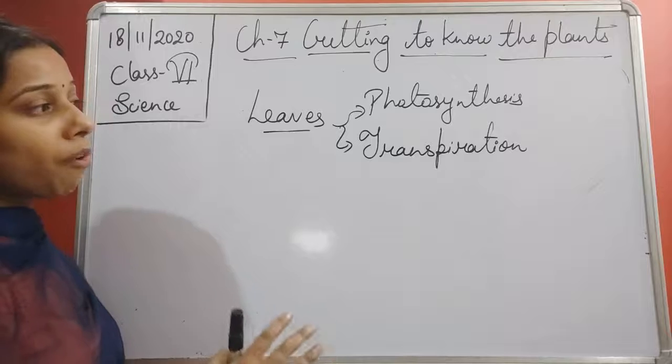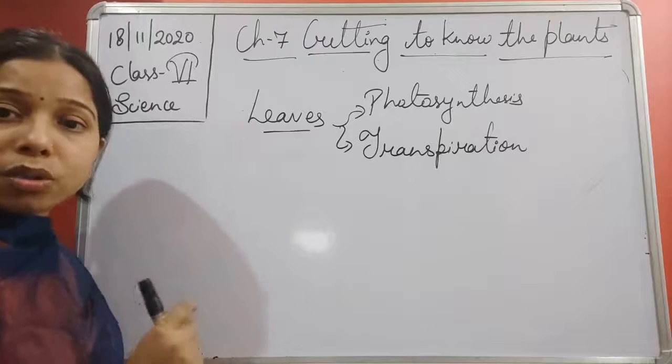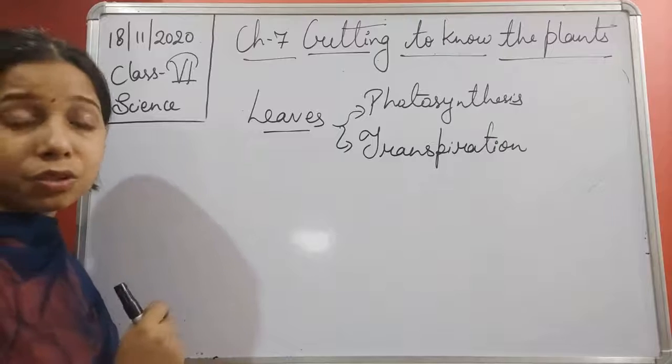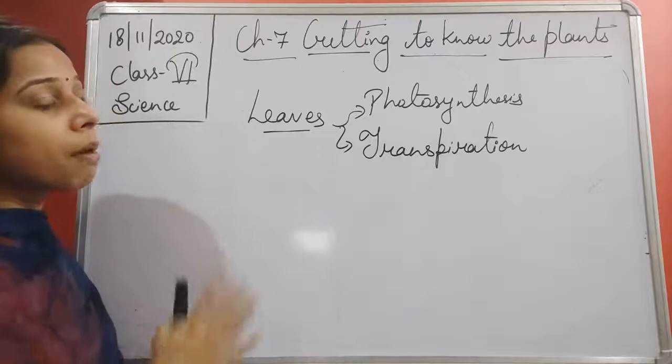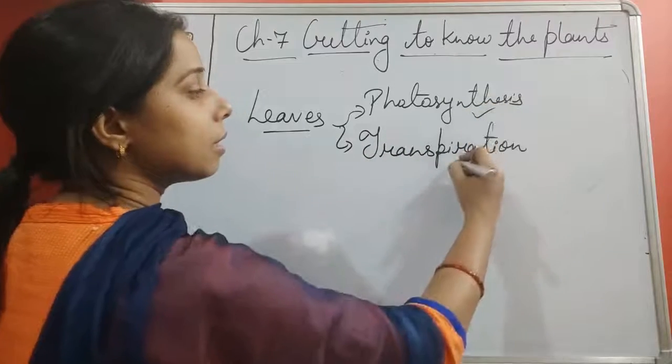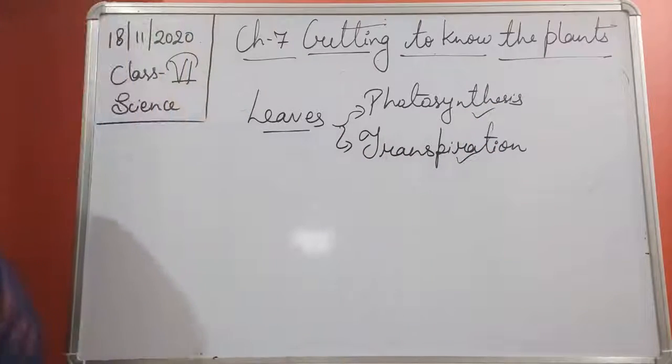The removal of excess water through the stomata is known as transpiration. So leaves perform two processes: first photosynthesis, and second transpiration.